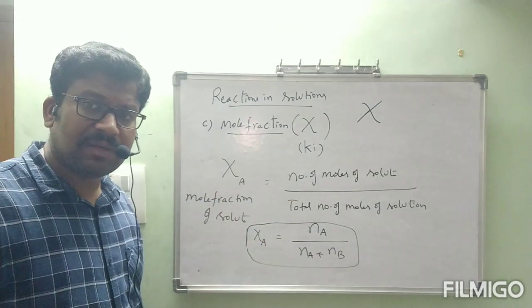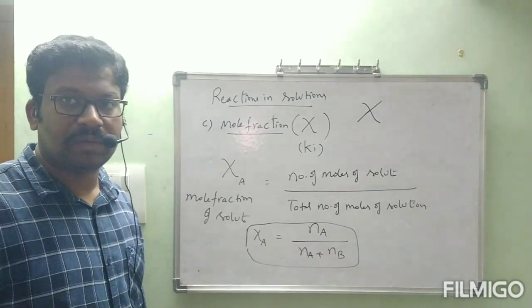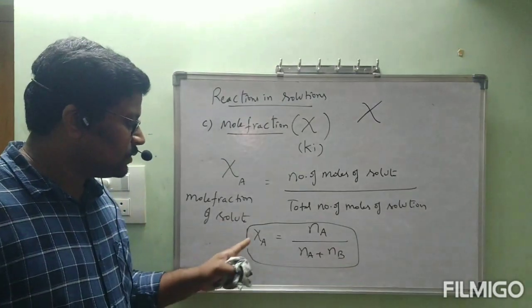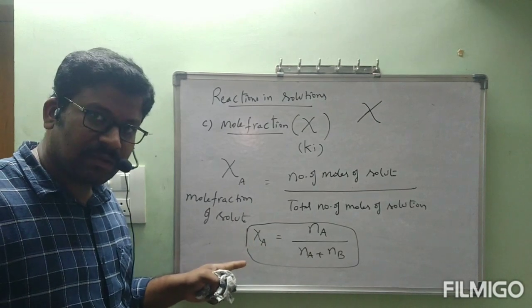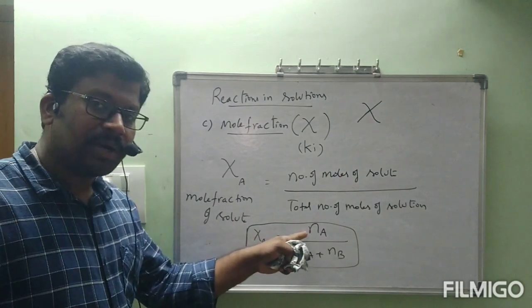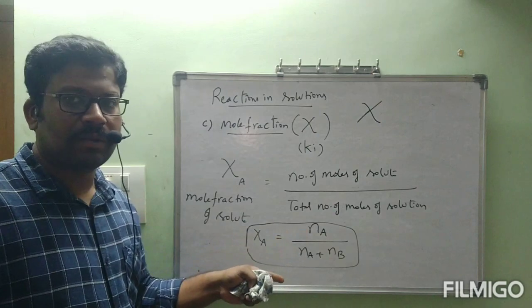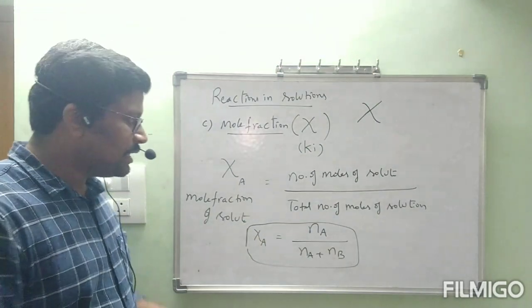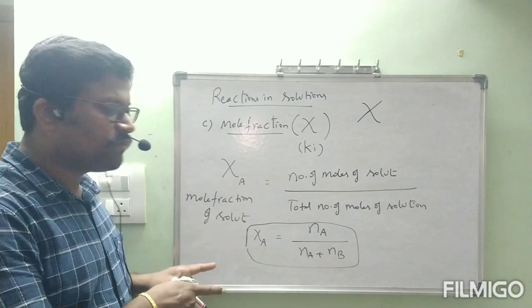Na plus Nb is nothing but total number of moles of solution. So chi A is equal to Na by Na plus Nb. This is the complete representation of mole fraction of A.